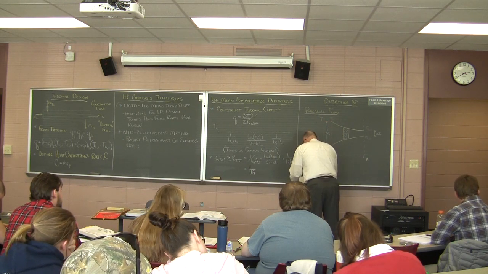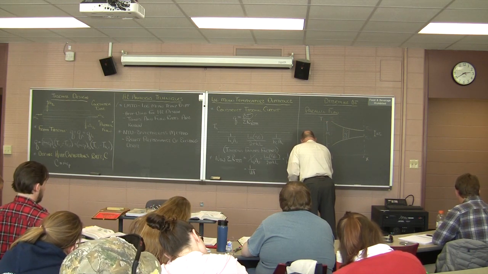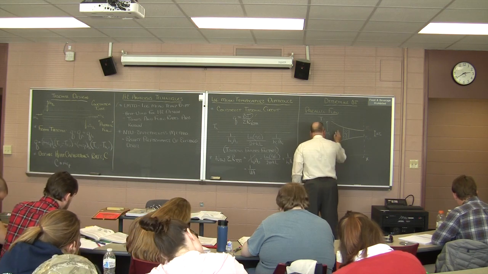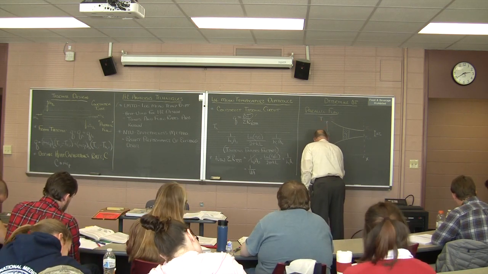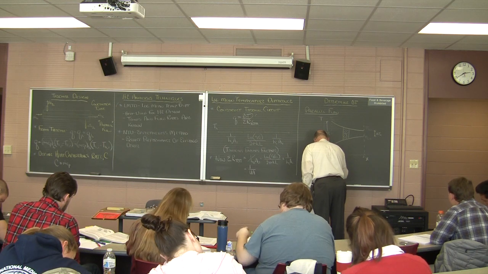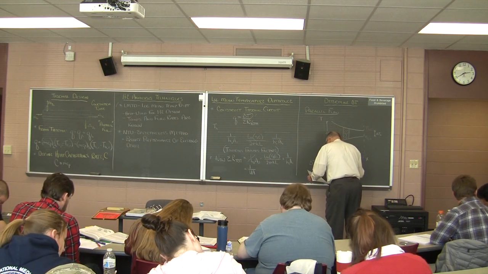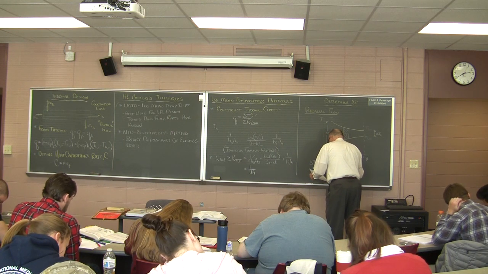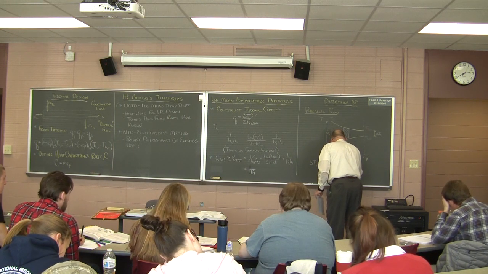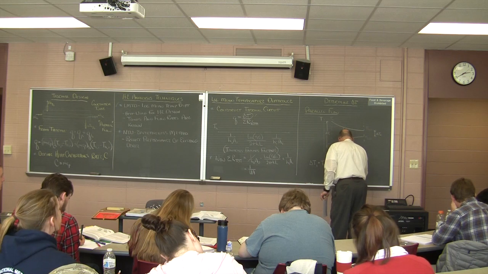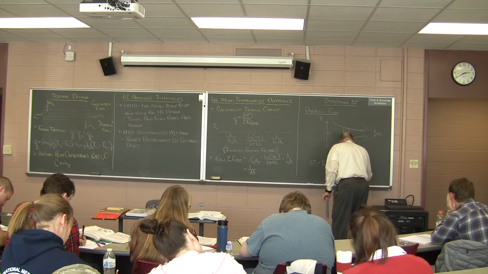All right. So what we have here, and this is worth noting, is delta T1, in this case, is equal to T_H in minus T cold in, and that's going to be equal to T_H at 1 minus T cold at 1.